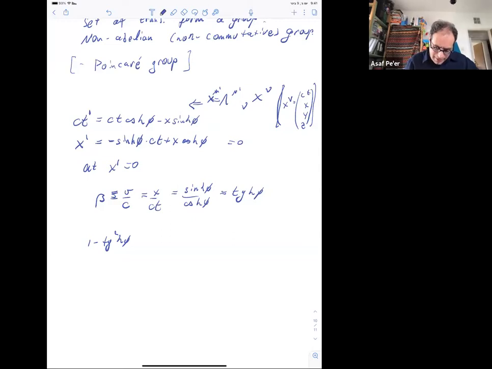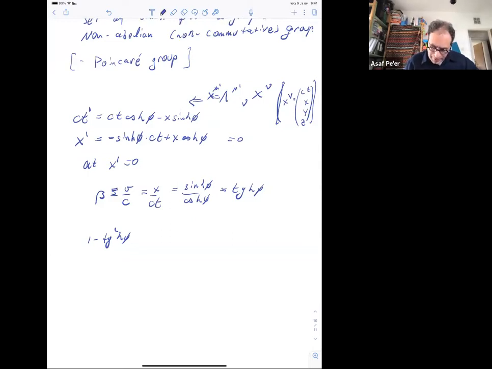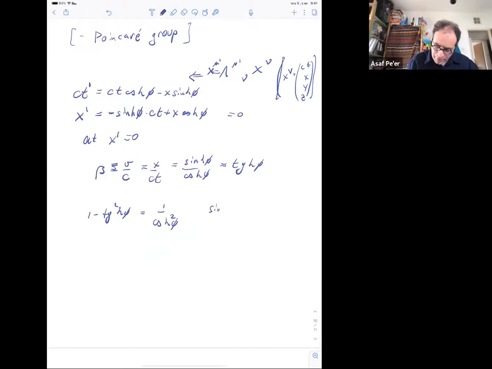So 1 minus tangent hyperbolicus of phi squared is cosine hyperbolicus minus sine hyperbolicus divided by cosine hyperbolicus, all squared, which is just 1 over cosine hyperbolicus phi squared. And sine hyperbolicus phi squared is just cosine hyperbolicus of phi squared minus 1.